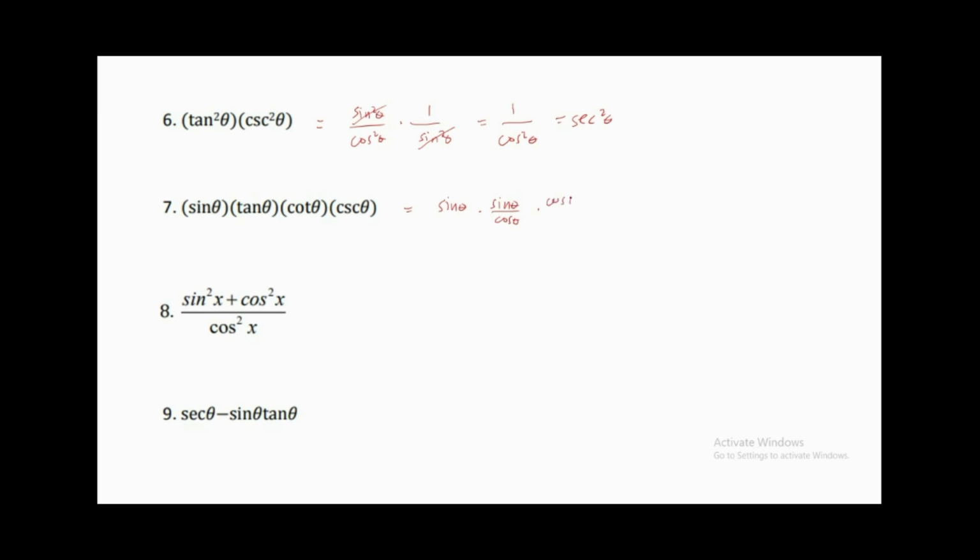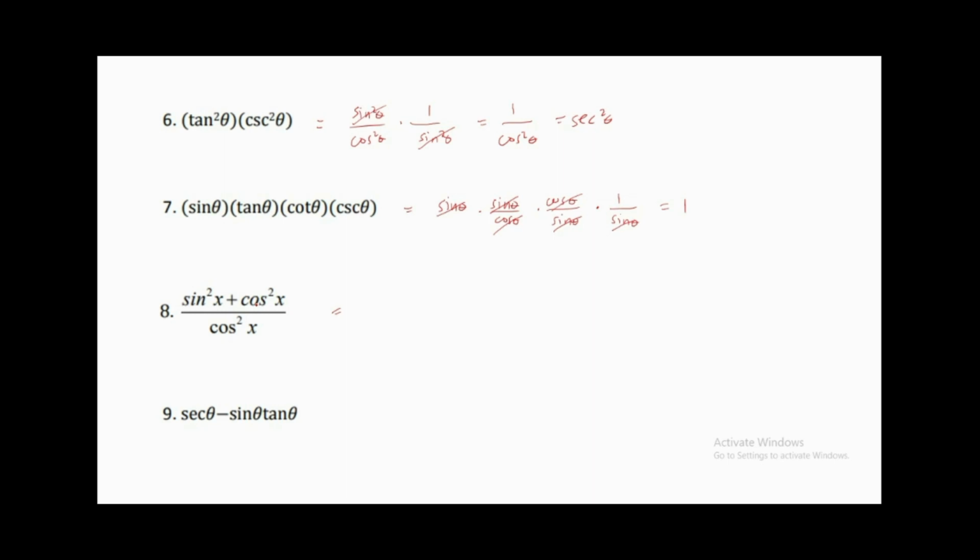Cotangent is cosine theta over sine theta, and cosecant is 1 over sine theta. Cancel the sine and the sine, sine also with the sine, cosine and cosine. So what is left is 1.